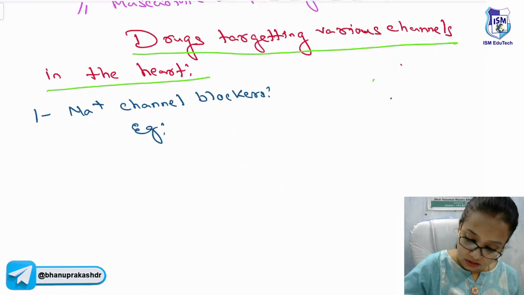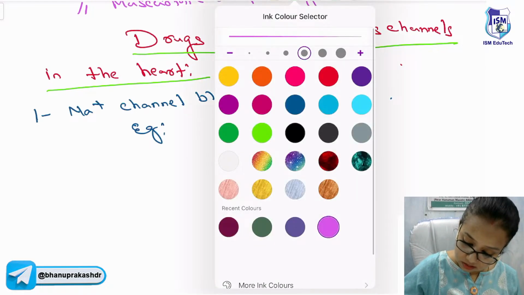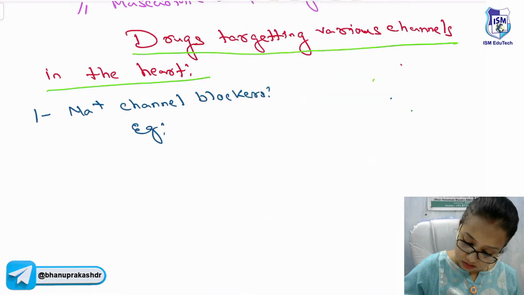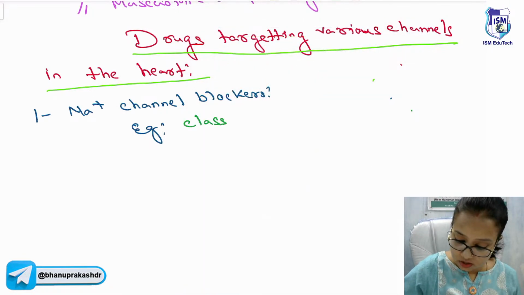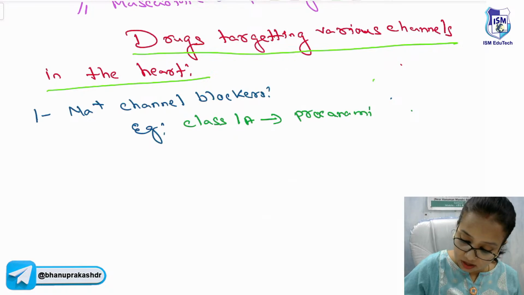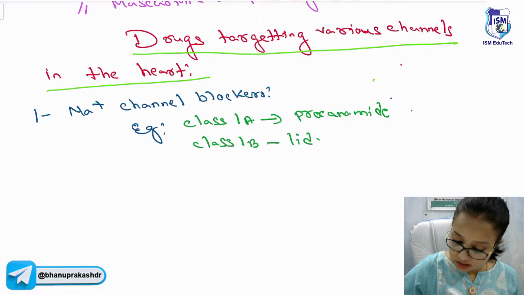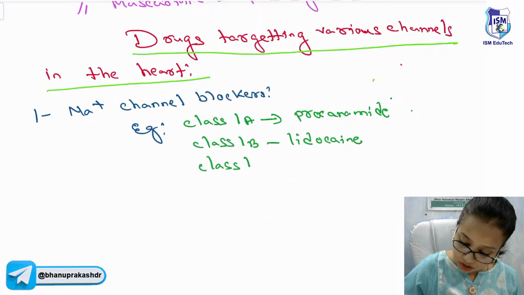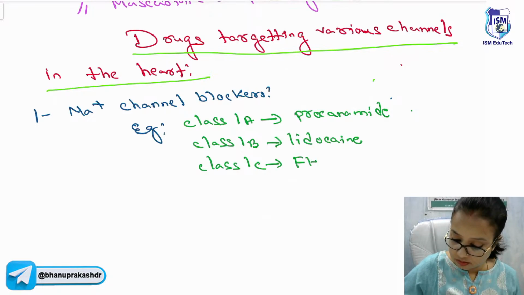Example, class 1A, procainamide. Okay, class 1B, lidocaine. Class 1C, flecainide.